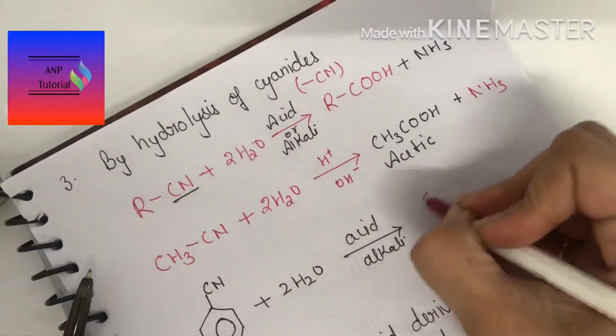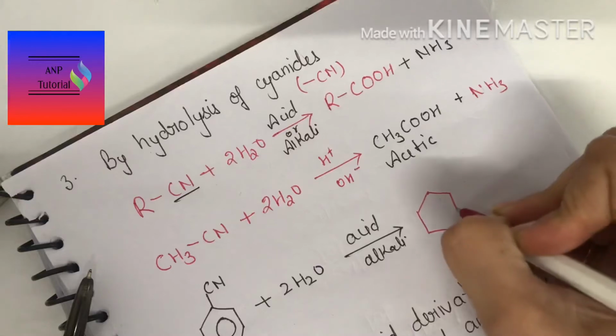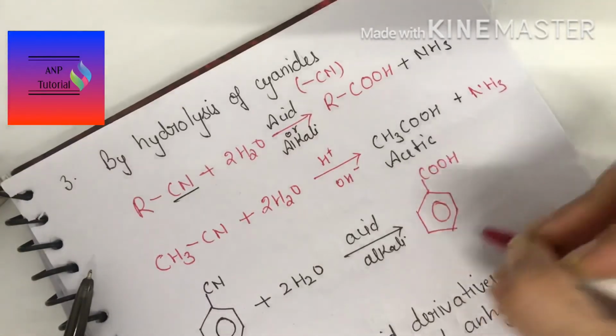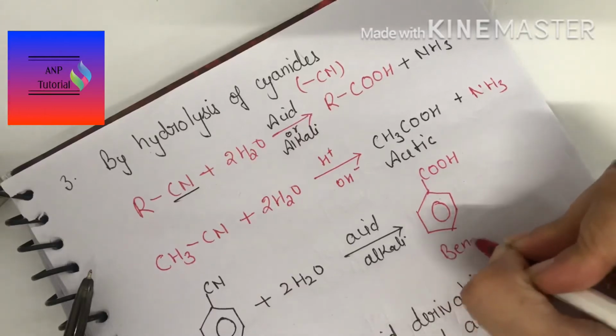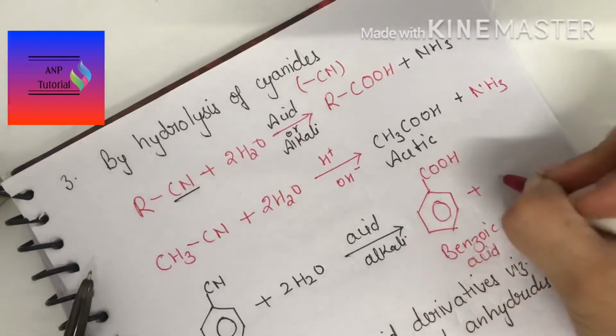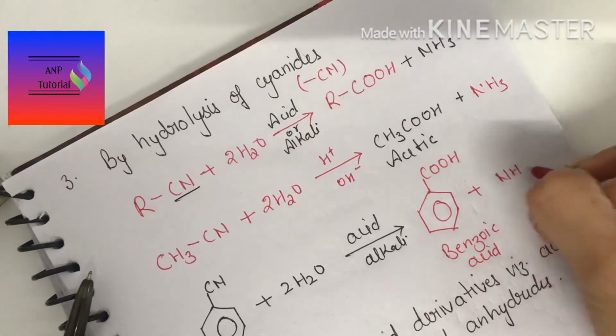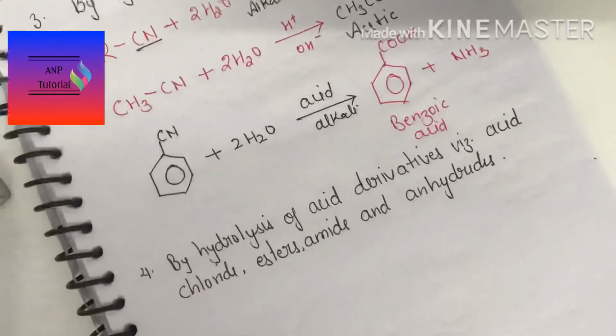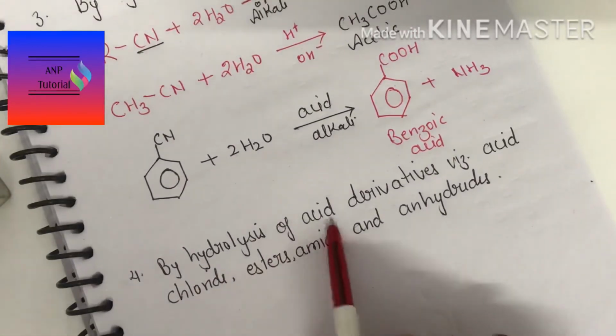Like this, benzoic acid is formed: this benzene ring and COOH group, benzoic acid. And ammonia is formed. Right.